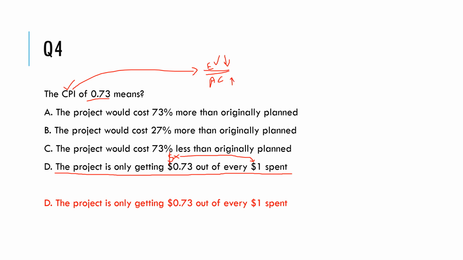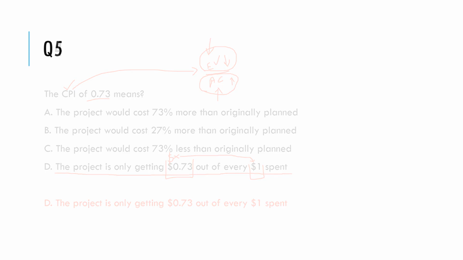Whatever you're earning is pretty less as compared to the actual cost that you're spending. So this definitely means that you are getting less value out of every dollar that you're spending. And that way you should be able to select option D as the correct answer.